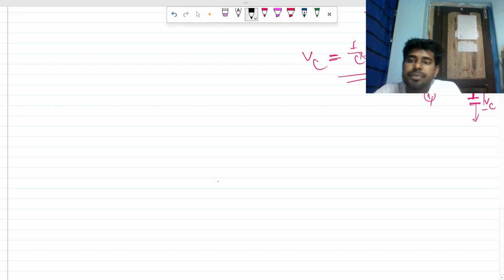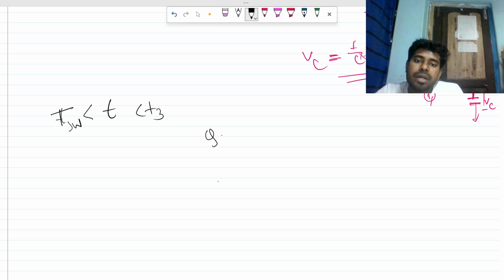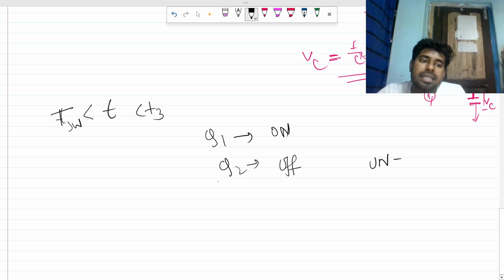Now if you plot for T greater than TSW and less than T3, your Q1 is conducting again and your Q2 is off, right? Because the down signal is 0 volt and your up signal is also 0 volt, and as it is PMOS, it is conducting.